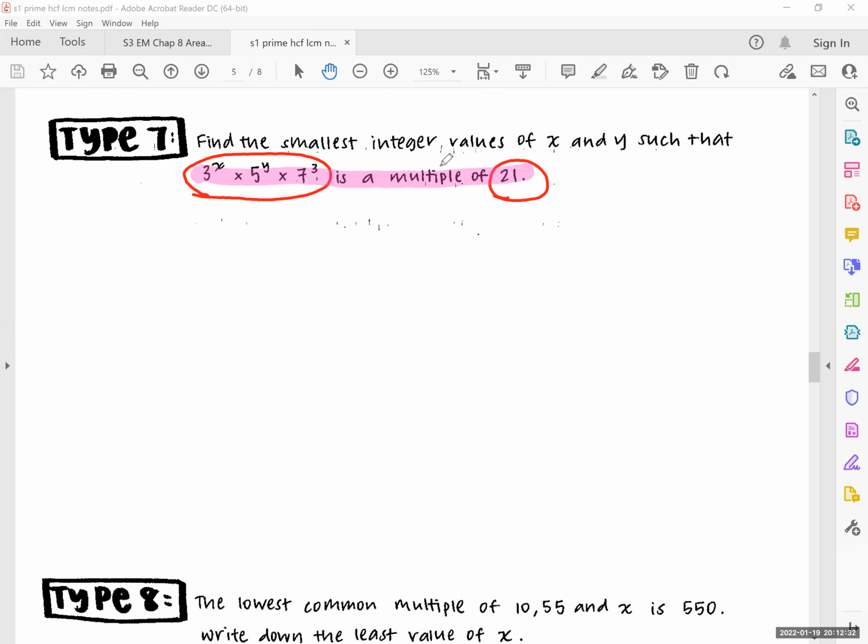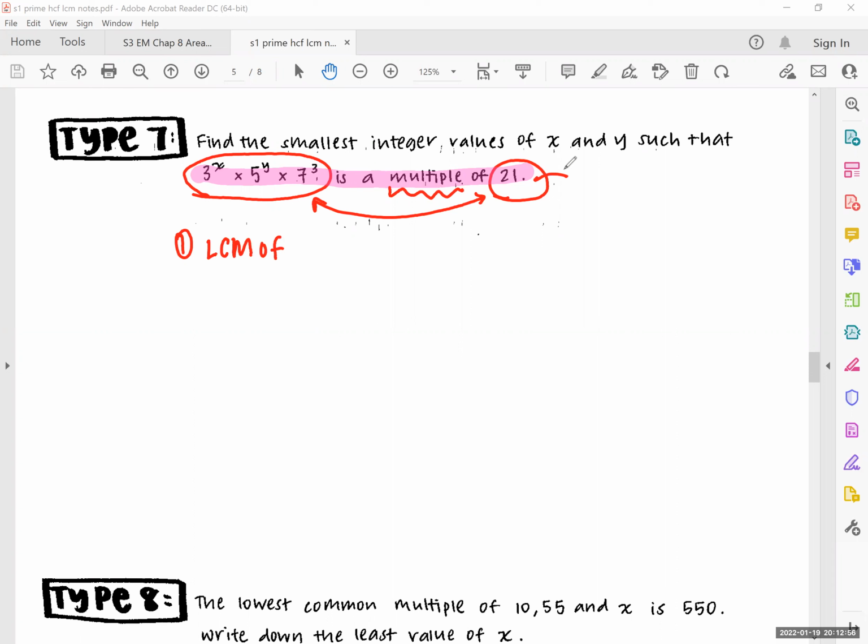But if you actually follow the steps just now, you know that if you see this question, it means it's an HCF or LCM question. LCM. Yes, it's an LCM question. So basically, what does that mean? It means the first step you need to do is to find the LCM of this and this. Correct or not? Because that one is an unknown, I cannot find. But 21 I can find.